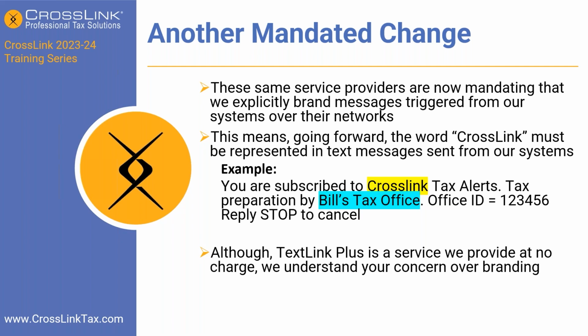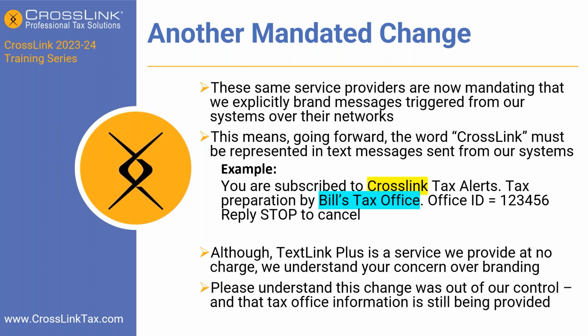So we don't want it to be lost that TextLink Plus is a service we provide at no charge, but we definitely understand the concern over branding. But please understand this change was out of our control and that the tax office information is still being provided. You did not lose your tax office name being stated. As you see right here in the screenshot, we are still representing your office name within that message to your taxpayers.